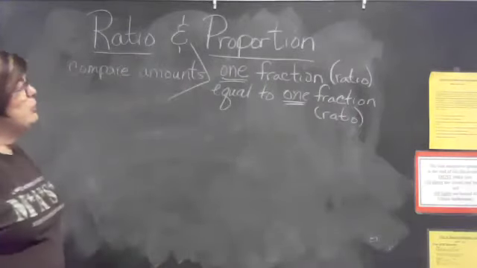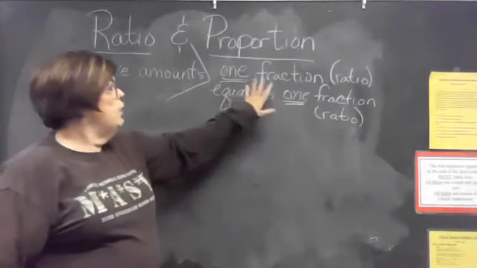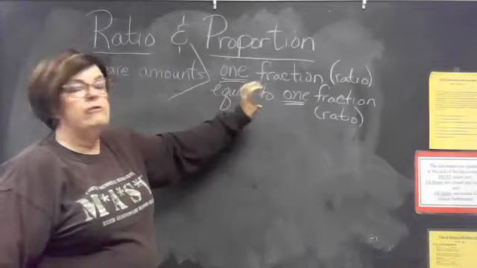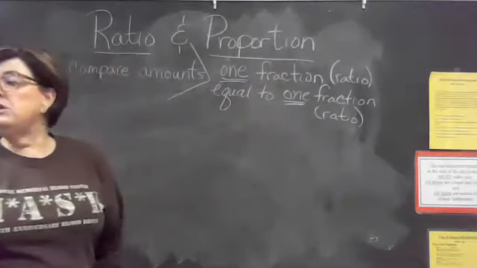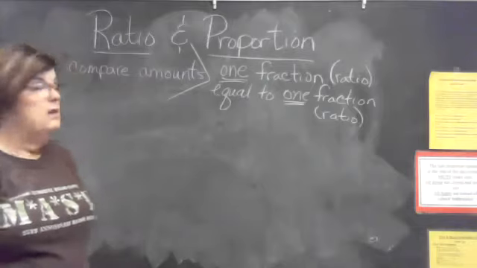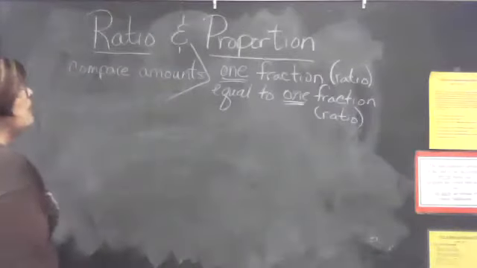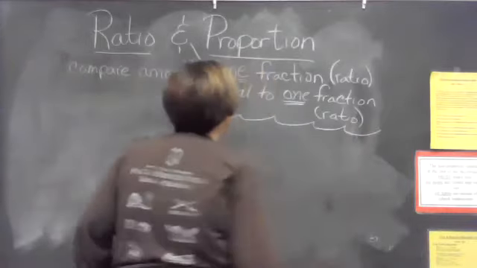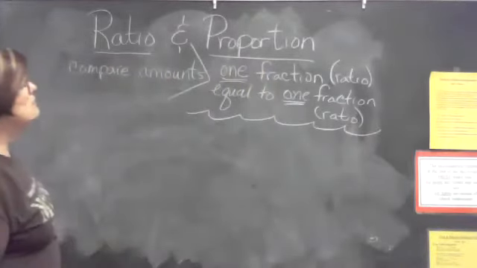The definition of a proportion is one fraction equal to one fraction. If there's any extra stuff, it is not a proportion. Now you're going to use proportions a lot, and they help make a lot of your mathematical life easier.